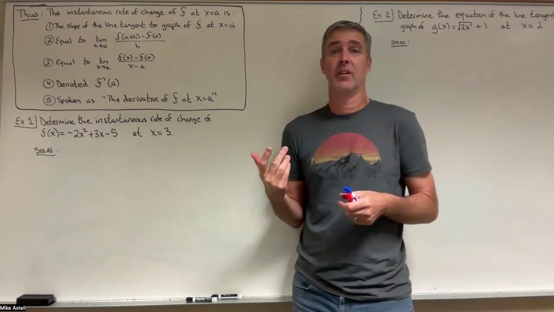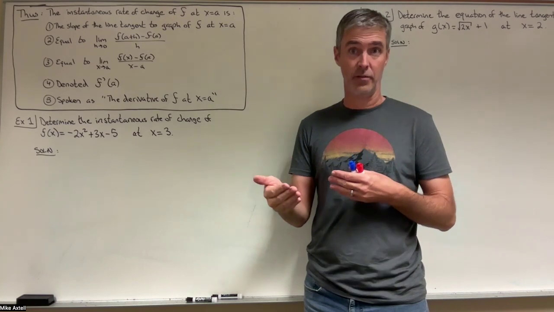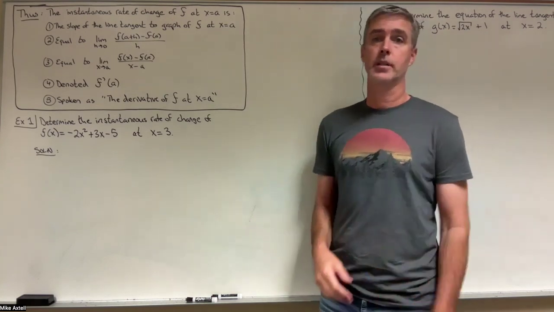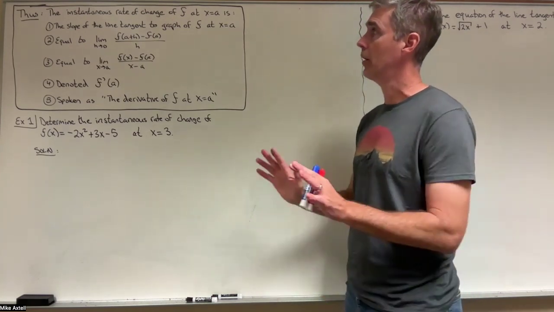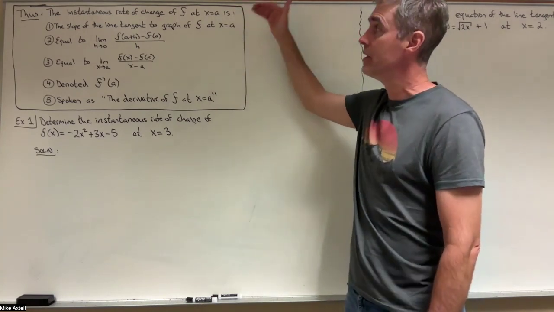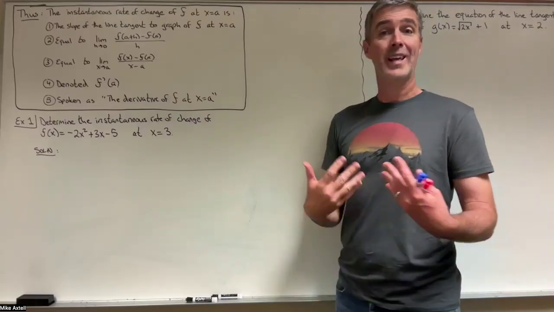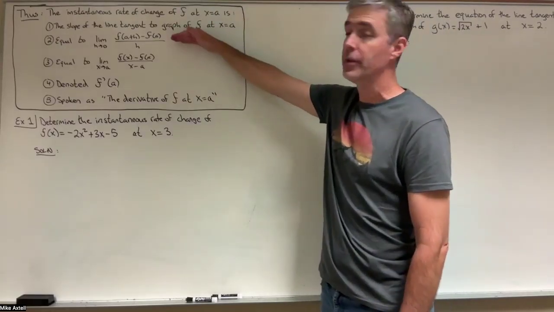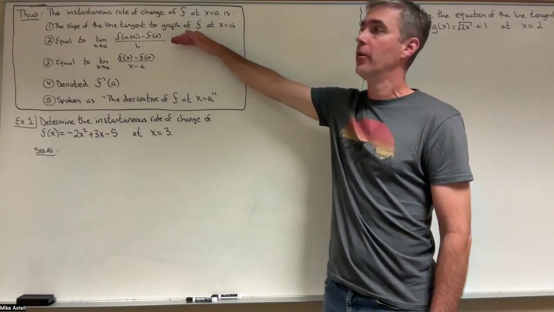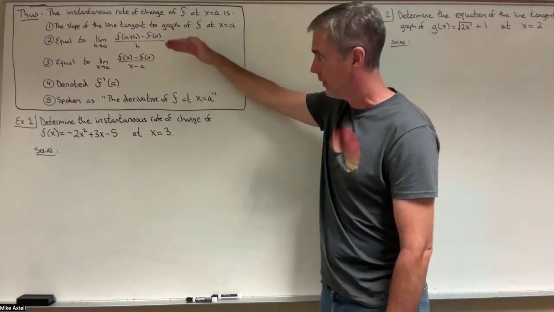So you could also think of the slope of the tangent line as the slope of the function itself at x equals a. We'll expand on that later in the course. All right. So the instantaneous rate of change of f at x equals a is the slope of the line tangent to the graph of f at x equals a. We calculate it either via this limit, the limit as h approaches 0 of f of a plus h minus f of a over h, or we calculate it via this limit.